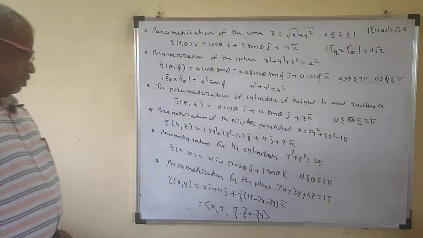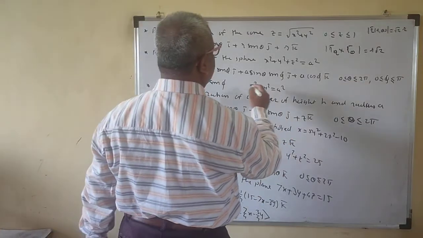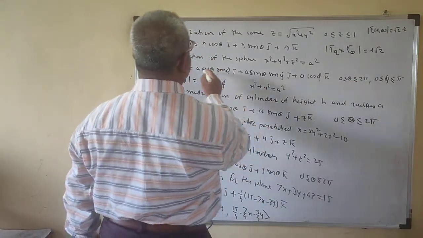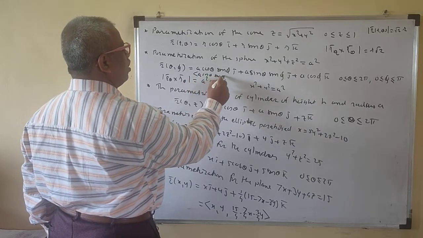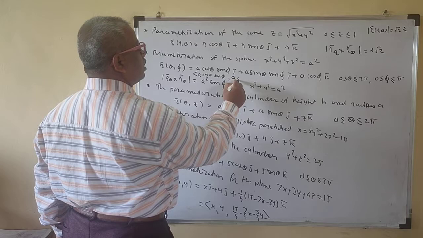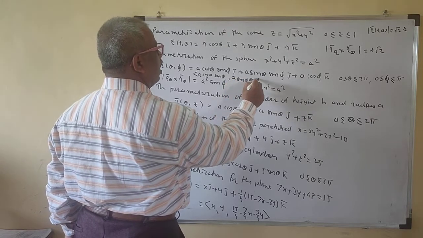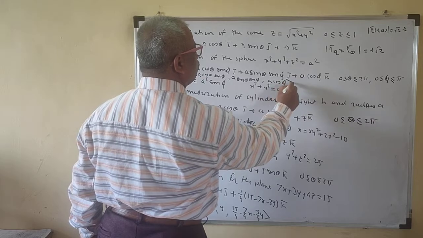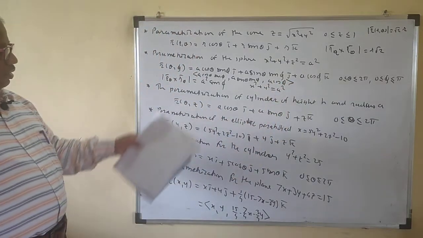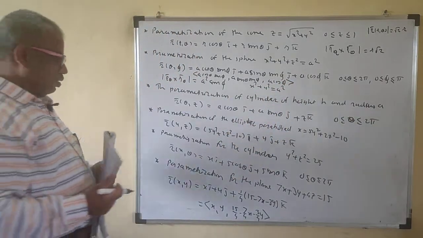Here you may also write a cos theta sin phi, a sin theta sin phi, a cos phi. This is also a way of writing the vector.